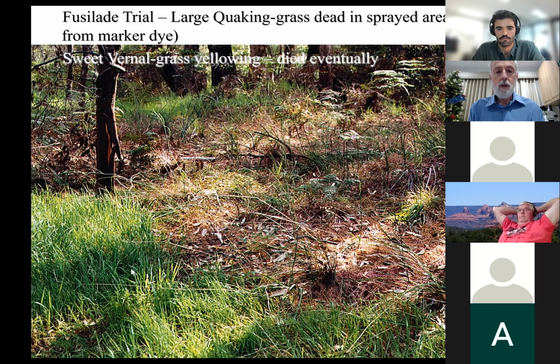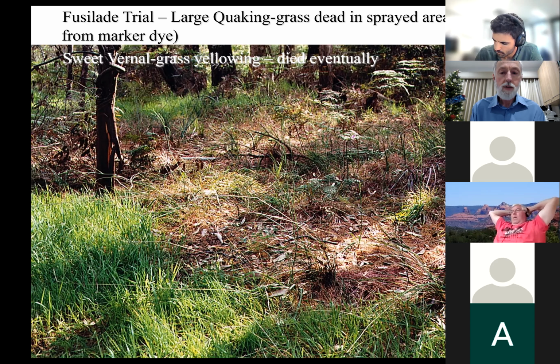We were thinking that this was a good result. In fact, I was ecstatic because not only is there no large quaking grass left in here, but there's also no sweet vernal grass. And there's still quite a bit of sweet vernal grass on the outside of the plot. This was the first time anybody had noticed that the same treatment which deals with the large quaking grass will also get rid of the sweet vernal grass.